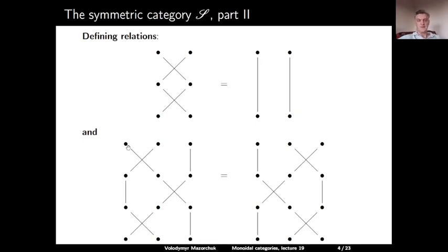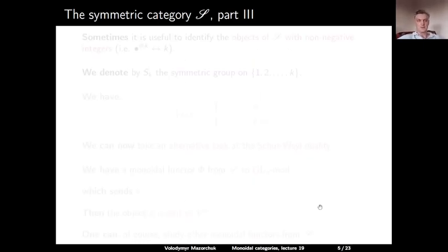So if we have the crossing on the first two components of the threefold tensor product, and then the crossing on the third and the second components, and then again a crossing on the first two components, this should be equal to the composition of the crossing on components 2 and 3, then the crossing on components 1 and 2, and then again the crossing on components 2 and 3. So these are the defining relations in our category.